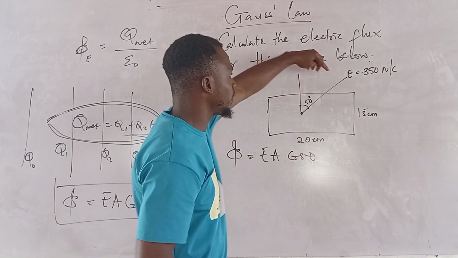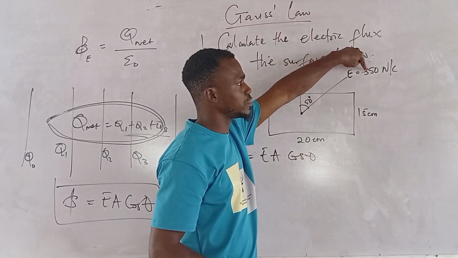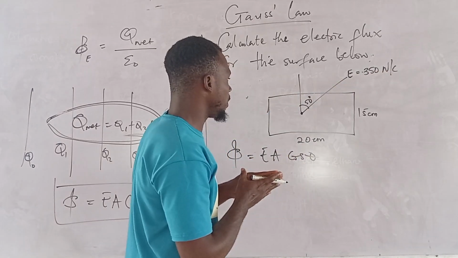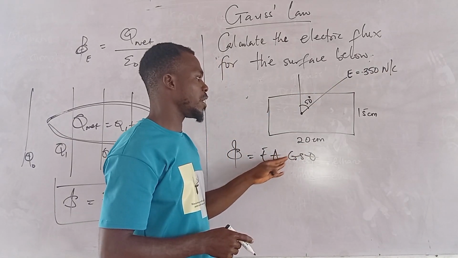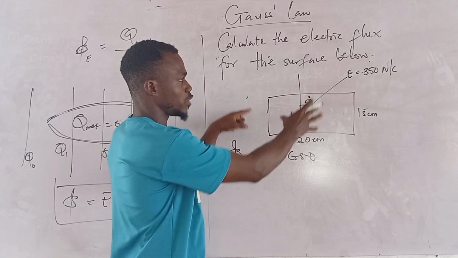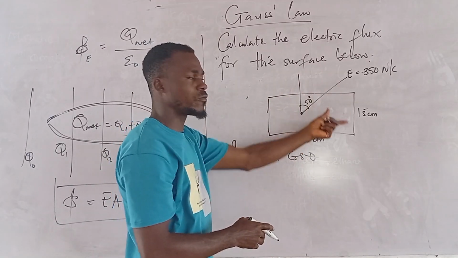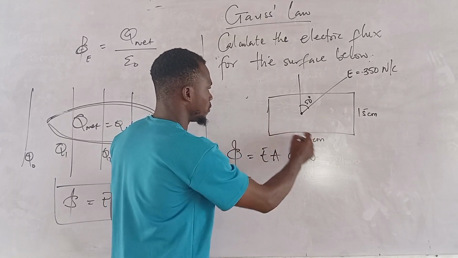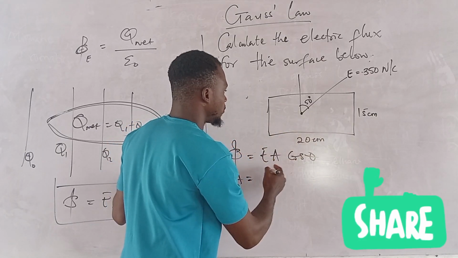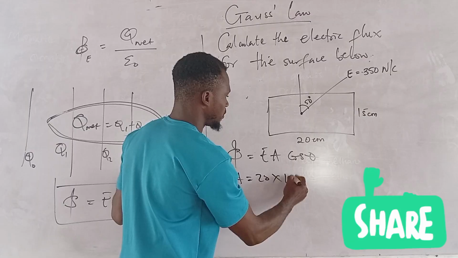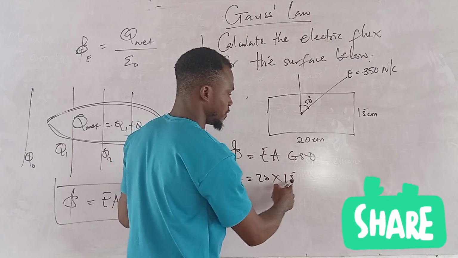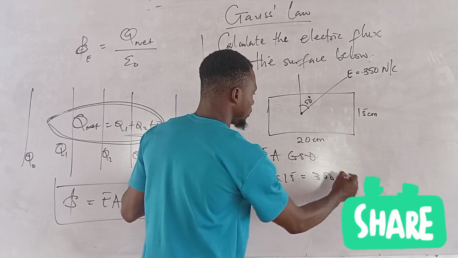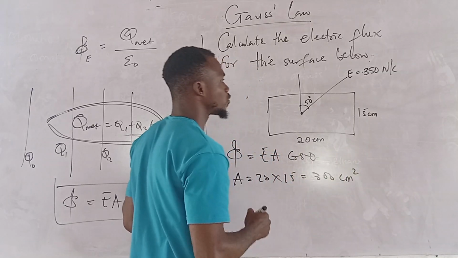We are given the electric field, which is 350 Newton per coulomb, and we can find the area. The area is calculated from the shape, which is a rectangle. So the area is the sides multiplied, 20 times 15, which gives us 300 centimeter squared.